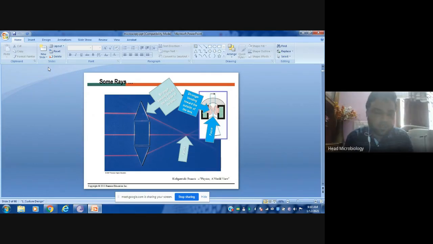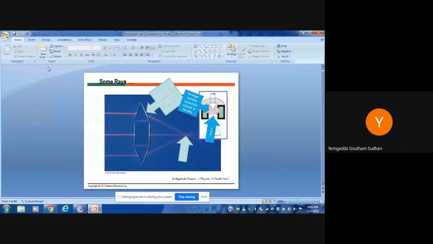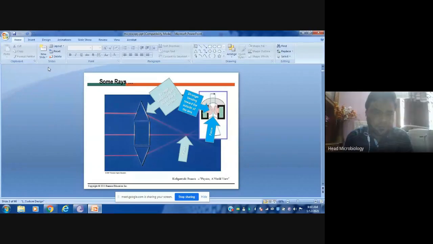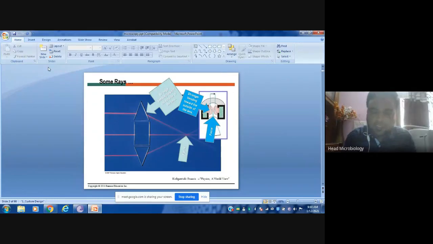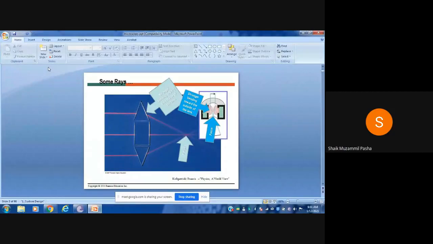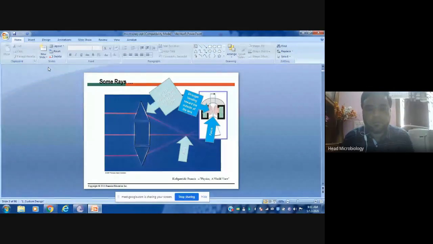I have shown a lens in the slide. Are you able to see that picture? Yes, sir. The point is visible, I believe. So is this concave or convex? Biconvex. Yeah, it is biconvex because on both sides a convex shape is coming.